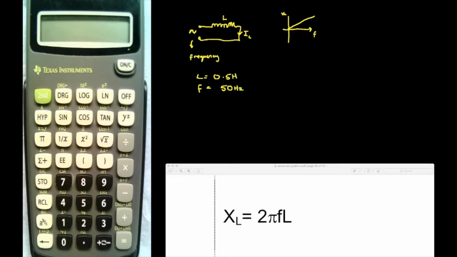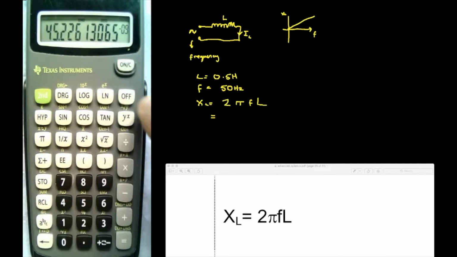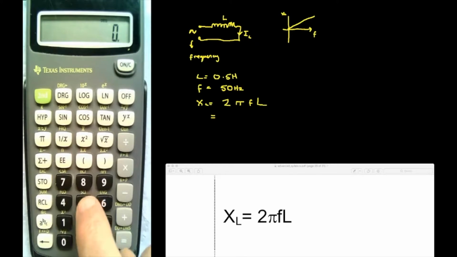And the formula then for the inductive reactance is XL equals 2 pi FL. So let's go to our calculator, switch it on, switch it off, switch it on, make sure everything's nice and clear. It started off in float mode, and that's quite fine. That's not a problem. Sorry, I'll start again then, so off, on.